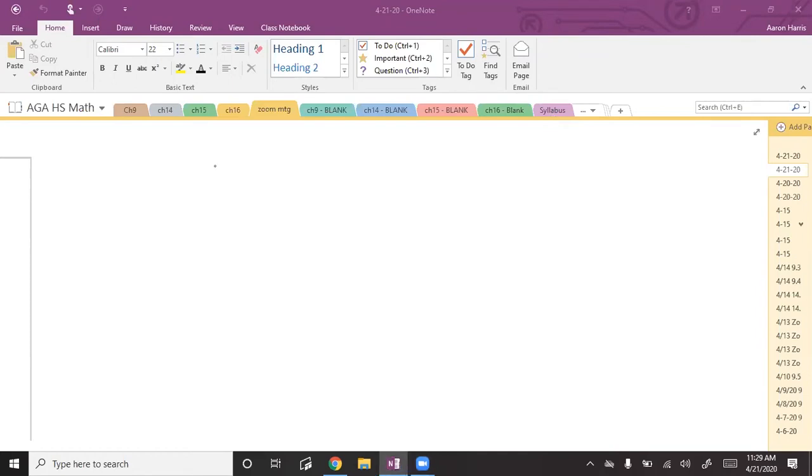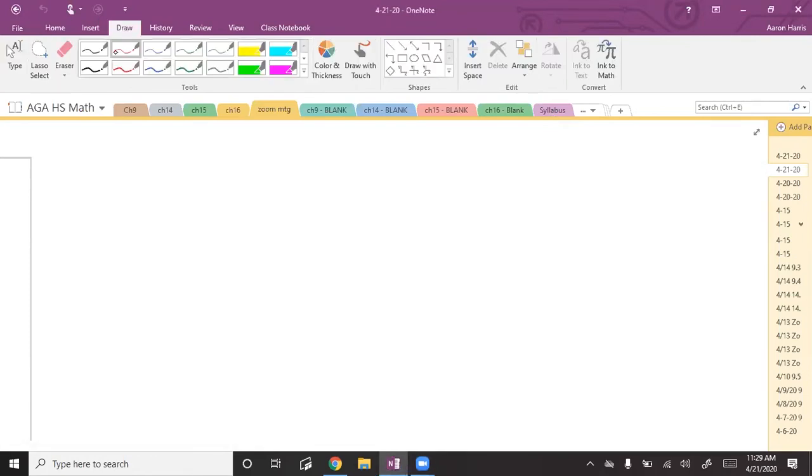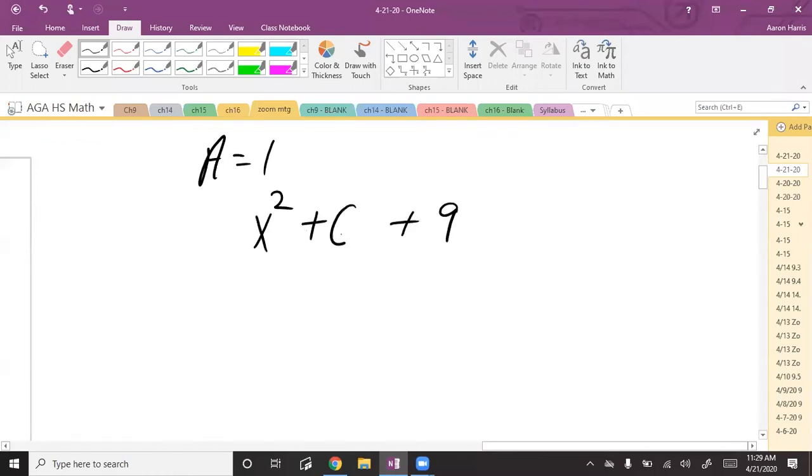When A was equal to 1, we were able to factor a quadratic. We have x squared, let's say +6x +9. With that being said, A is equal to 1, B is equal to 6, C is equal to 9.